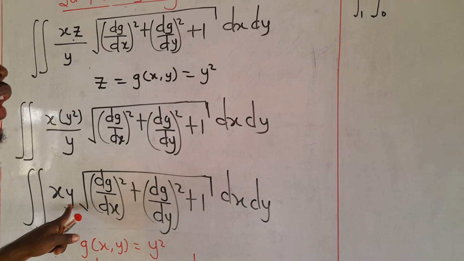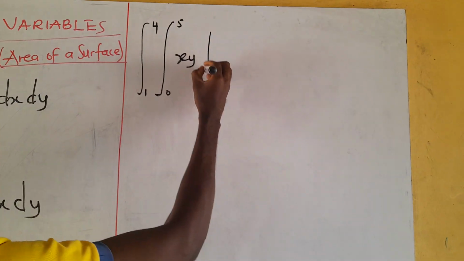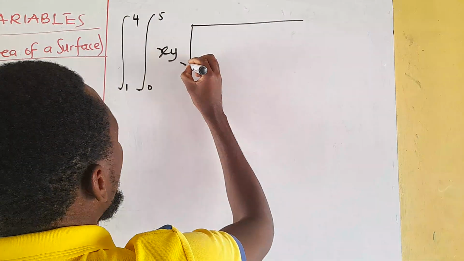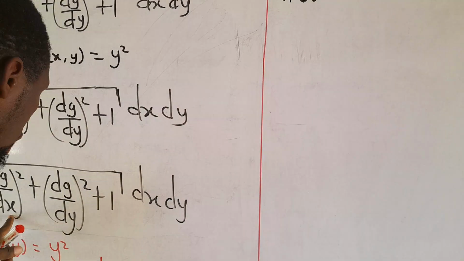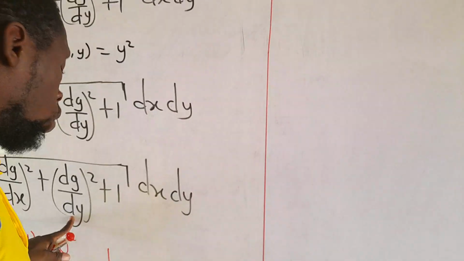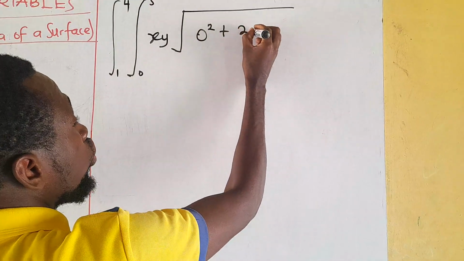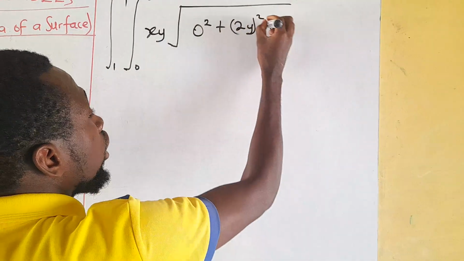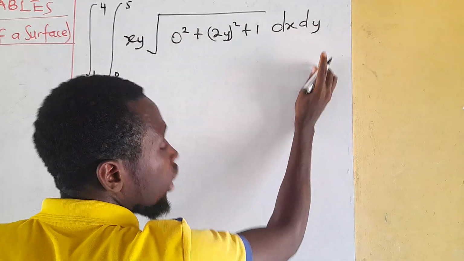This is our xy. So now xy times the square root of, whilst our dg/dx is 0 and dg/dy is 2y. So we have 0 squared plus (2y) squared plus 1 dx dy.